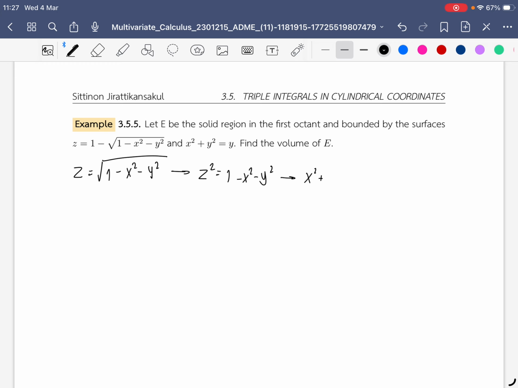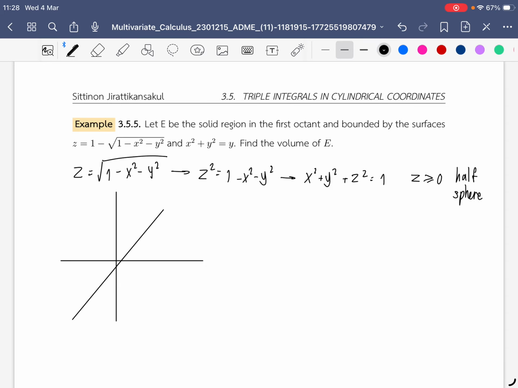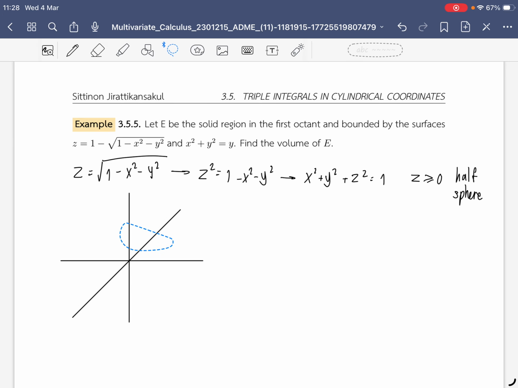It's half of the sphere because z is positive. Upper half, radius 1, center 0, 0, 0.